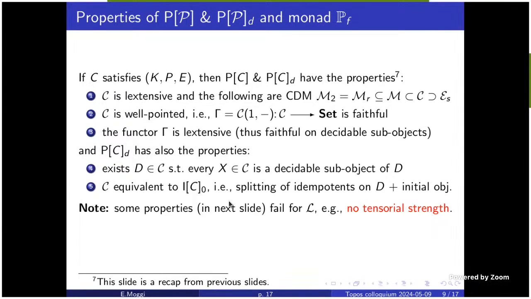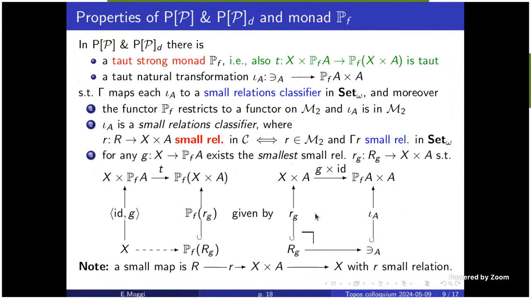Okay, so these are general properties that in particular hold if C is the monoid of polytime computable maps on bit strings. In the next slide, I will consider other properties that hold for this monoid P of polytime computable maps, but fail for linear time computable maps.